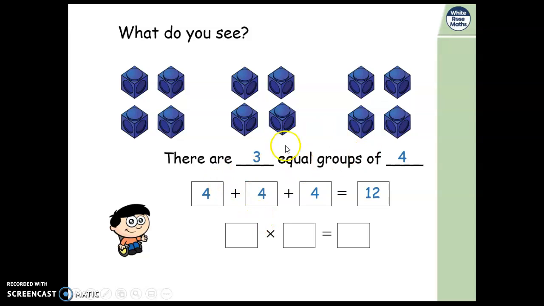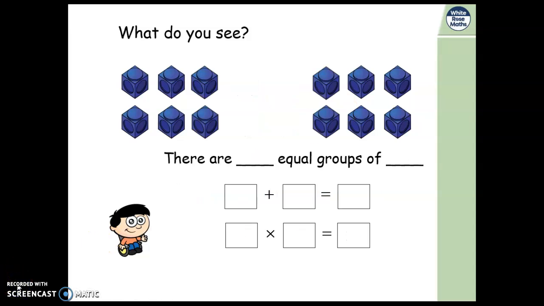So we can just swap those words, equal groups of, and put the times sign there. So our multiplication sentence would be simply 3 times 4 equals 12. If we were to read that and swap the times for groups of, it would just be 3 equal groups of 4, which we have.